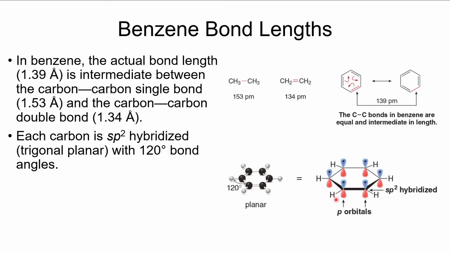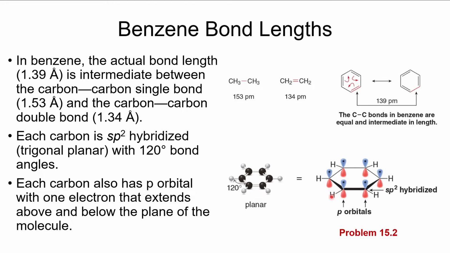The bond between carbon and hydrogen is represented by the overlap of an sp2 orbital with a 1s orbital on hydrogen. The pi bonds are caused by the overlap of the p orbitals, which are perpendicular to the plane of the molecule. As I mentioned, the molecule is perfectly planar. All 12 atoms are coplanar, and the p orbitals are perpendicular to that plane.